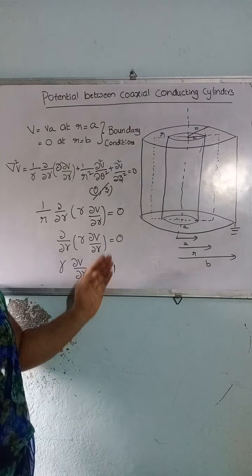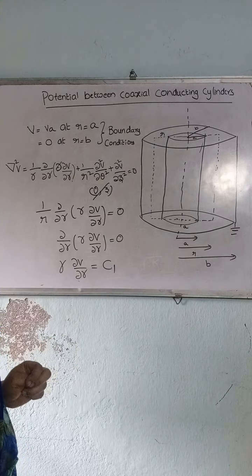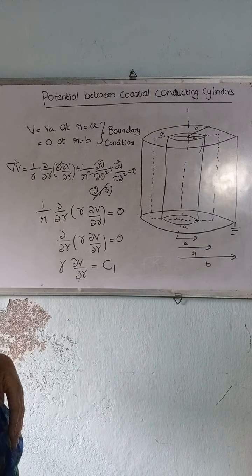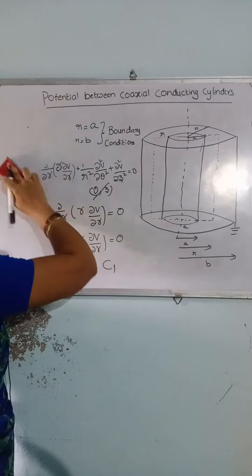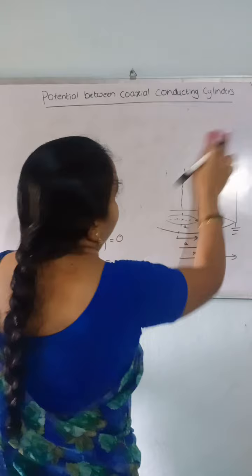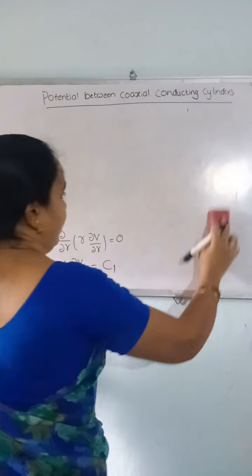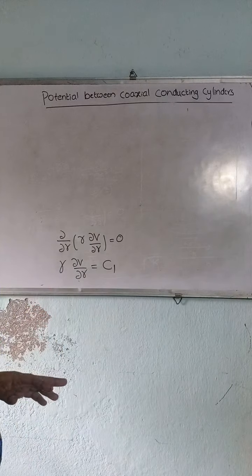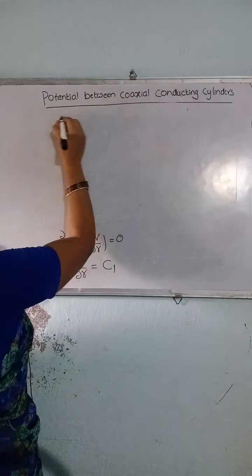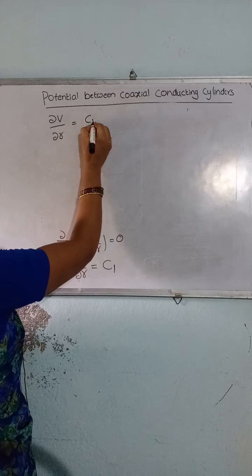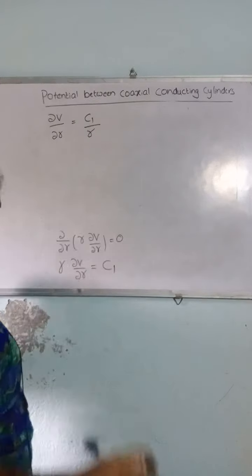Please note down this one. R dou V by dou R is equal to C1, then dou V by dou R is equal to C1 by R.